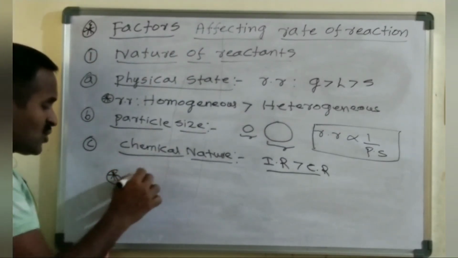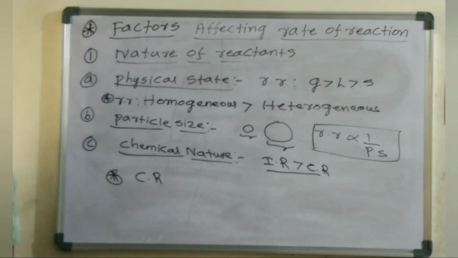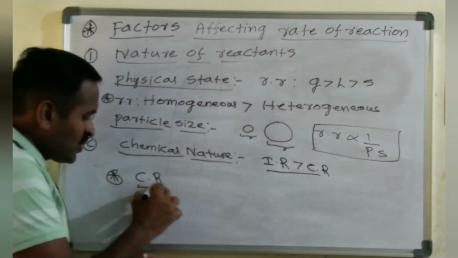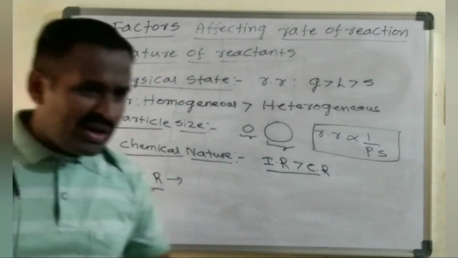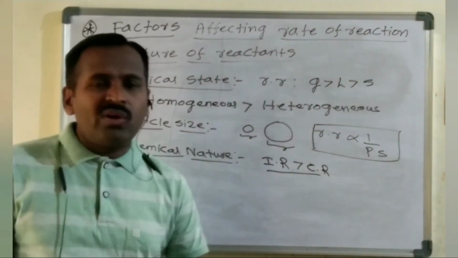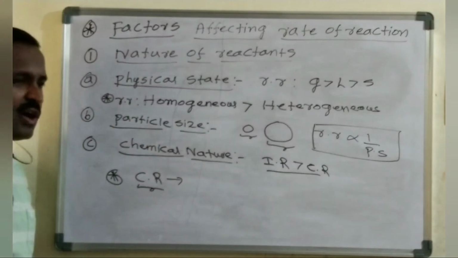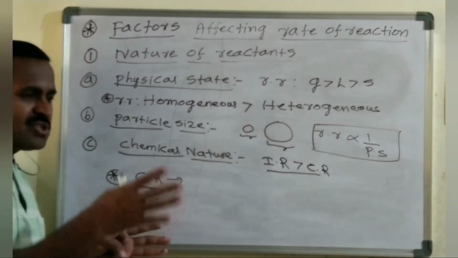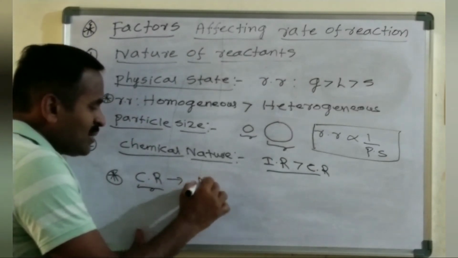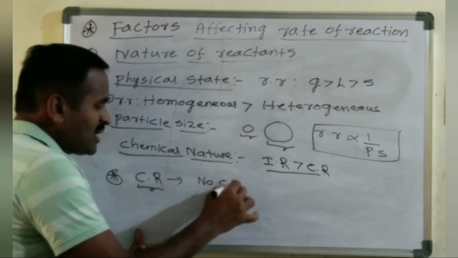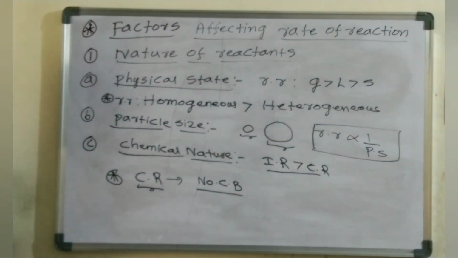Suppose only covalent reactants are involved in the chemical reaction, then you need to see the number of bonds, how many bonds we need to break on the reactant side, right? If the number of covalent bonds is more, then definitely the rate of reaction is going to be less.